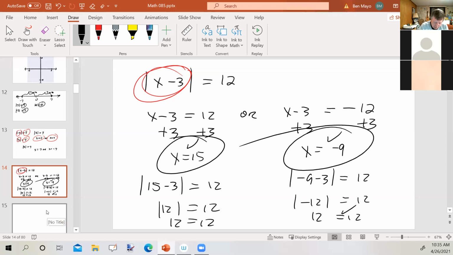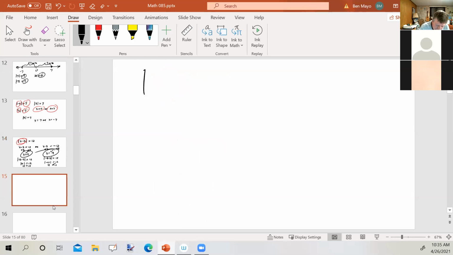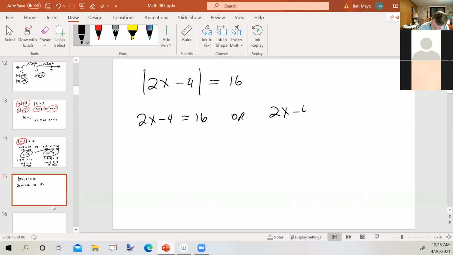All right. Suppose we've got the absolute value of 2x minus 4 equals 16. Well, then either 2x minus 4 equals 16 or 2x minus 4 equals the opposite of 16. Because if this equals 16, the absolute value of 16 is 16.